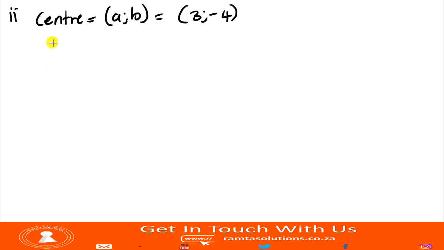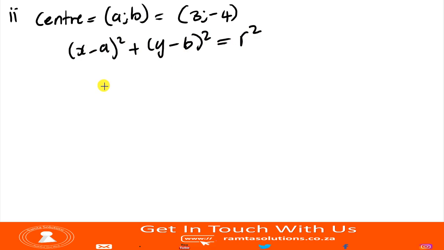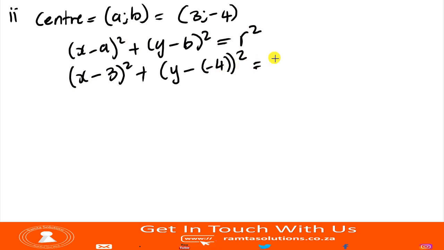Now, we don't know what our radius is, but it's okay. Remember, we had (x minus a) squared plus (y minus b) squared equals r squared. Our center is, as you can see, a is positive, so we leave it as 3. Y is y, of course. B is negative, so it's going to be y plus 4, all squared equals r squared.